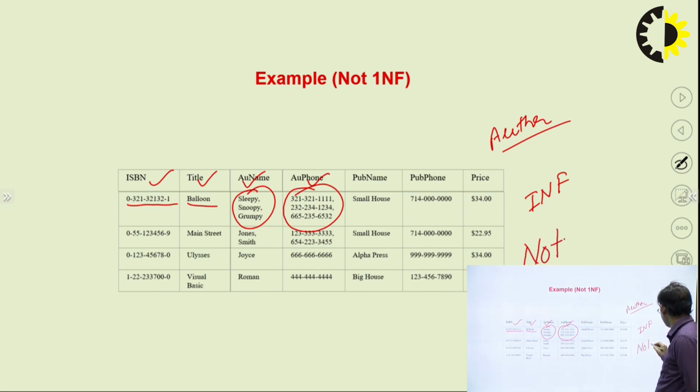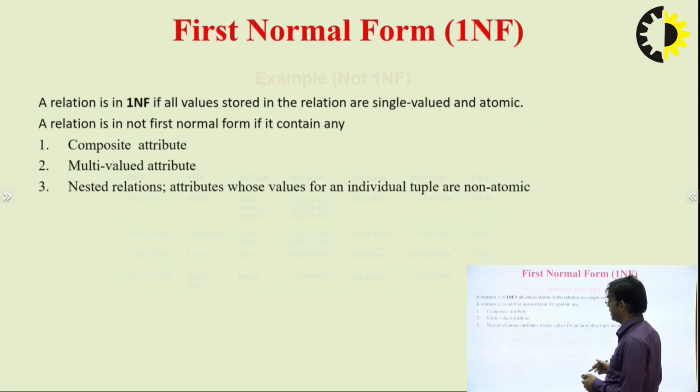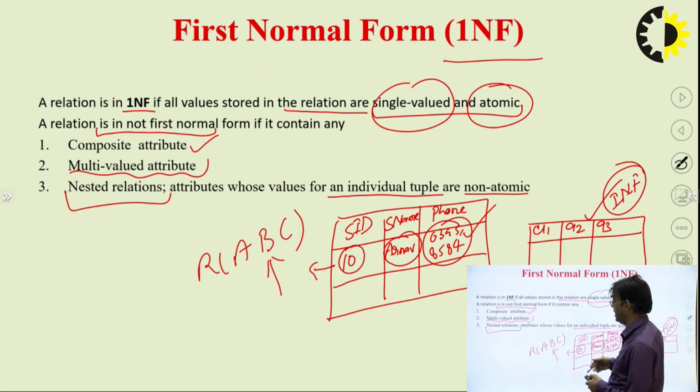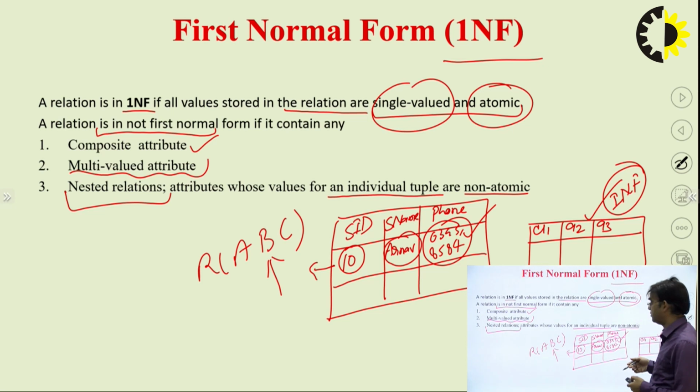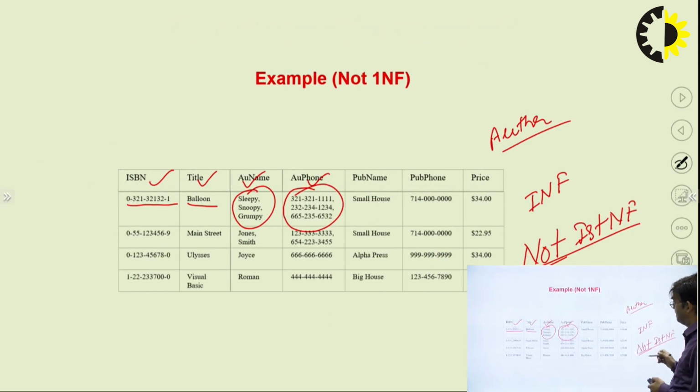We have to convert the given table into first normal form. What is the rule to identify? If in any tuple there are multiple values, or composite values, or nested relations whose values for an individual are not atomic, then that relation is not in the first normal form.